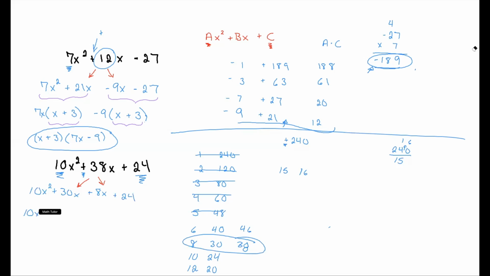So 10x, I'm left with x plus 3. Like last time, I should expect to have the same left over. I'm going to now factor out my groups, what I have in common, one more time. And x plus 8.